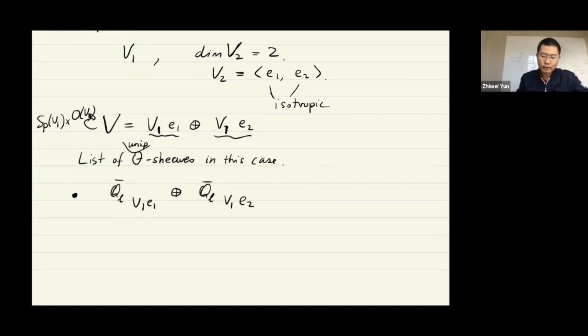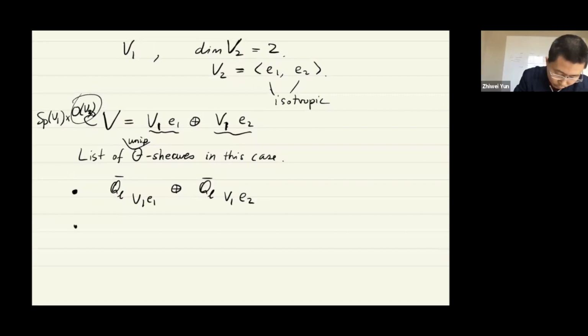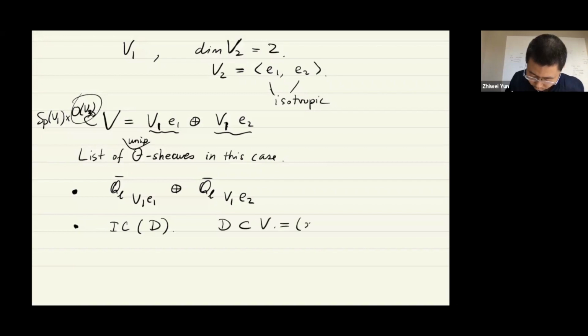I take their direct sum because I want to make it equivariant under the full orthogonal group, as opposed to just SO. Each piece will be equivariant under SO(V2). This is one. The next one is IC of D, where D is in V, the subset of V.